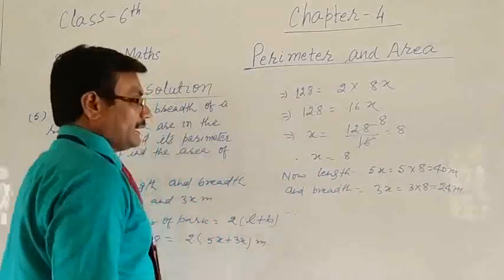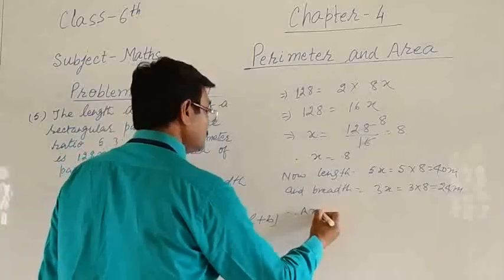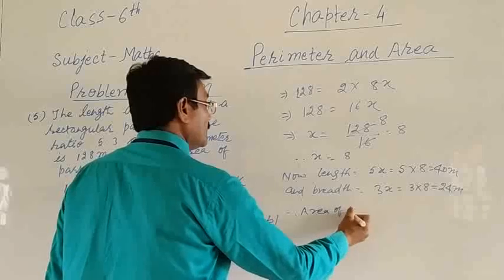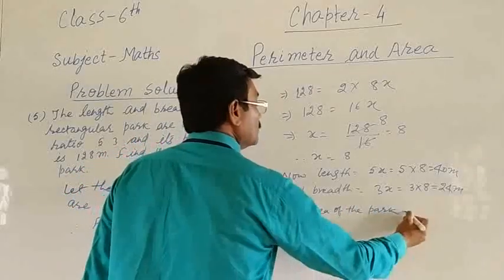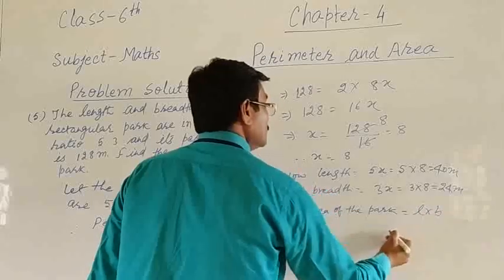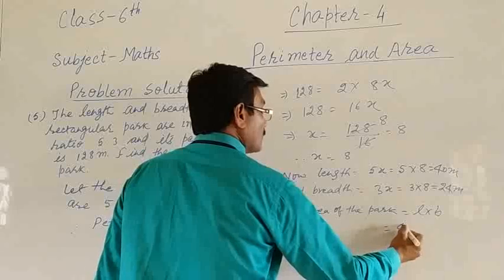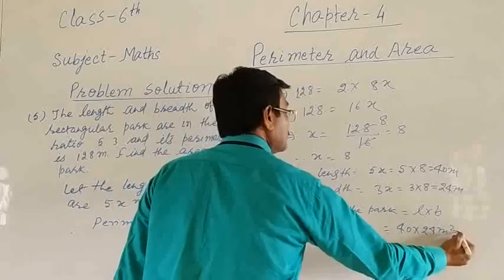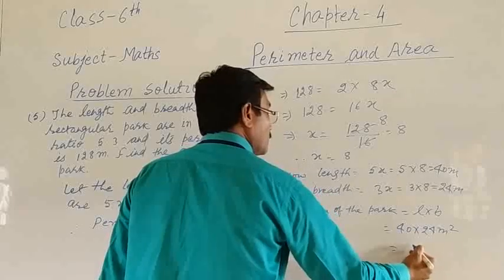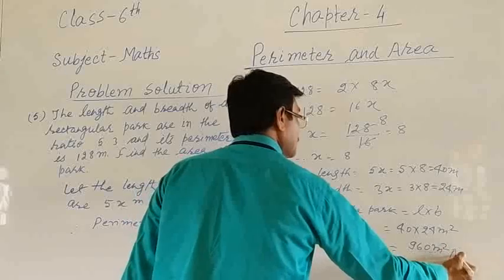So therefore, area of the plot. Area of the part is equal to length into breadth. Then length is 40 meter and breadth is 24 meter square. 24 4s are 96, so 960 meter square.